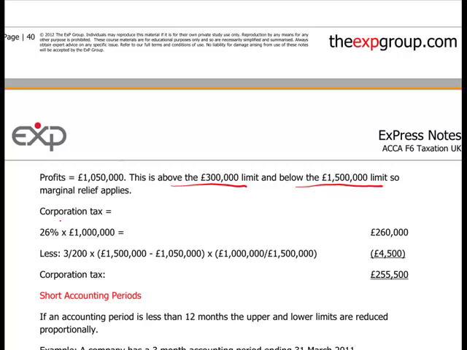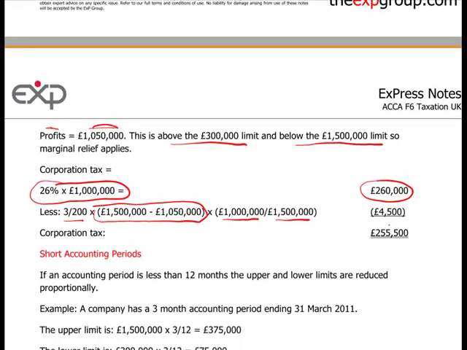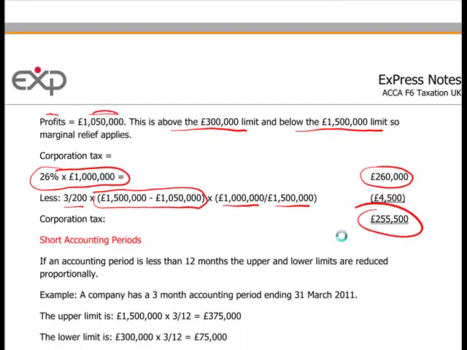So you do the full rate times the million, which gives you 260,000, not times 1,050,000 by the way, because that's profits, less 3 divided by 200 times the fractions, 1,500,000 minus 1,050,000, times by 1 million divided by 1,500,000. And that would then be your tax liability.